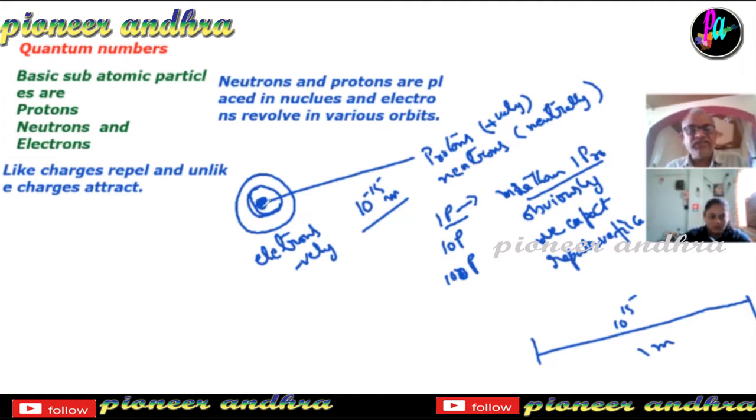The electrostatic force in the nucleus is called the cohesive force. To balance this electrostatic force, or the repulsive force between the protons, neutrons play a vital role.